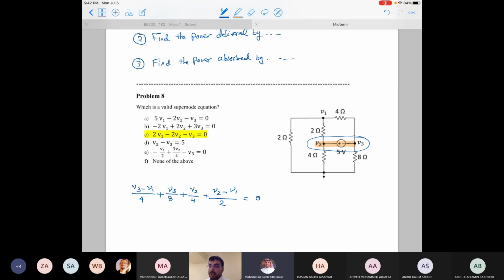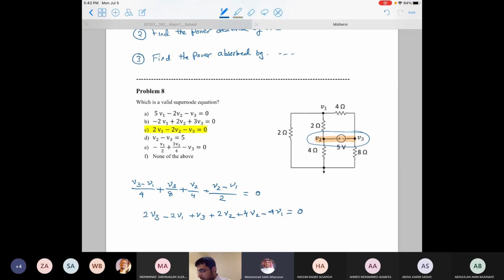If you multiply the right and left hand side by 8, the result should not change. So if I multiply them, I will get 2v3 minus 2v1 plus v3 plus 2v2 plus 4v2 minus 4v1 equals to 0.